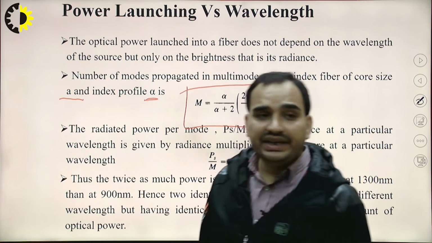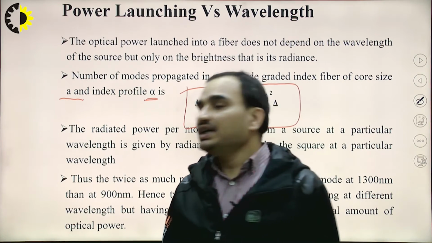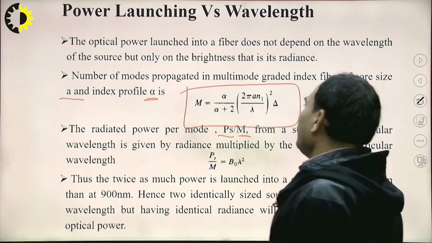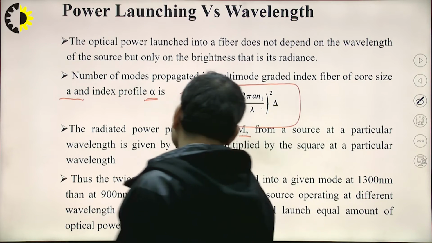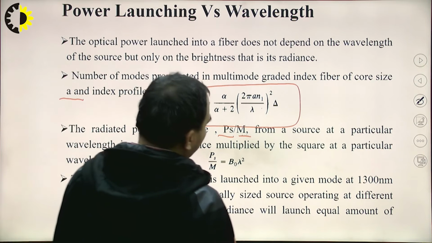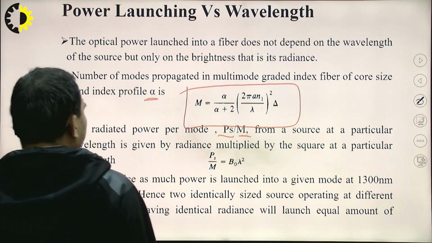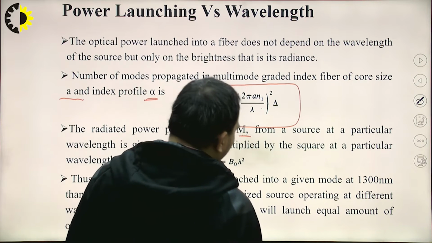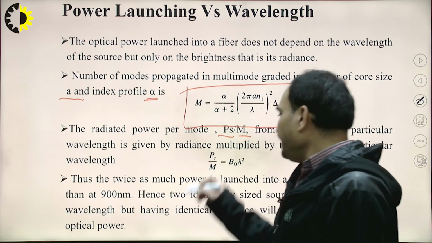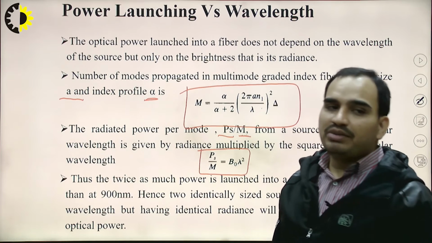The radiated power per mode, that is how much power will be radiated, is given by the source power divided by how many modes exist inside the fiber, that is capital M. So Ps by M from a source at a particular wavelength is given by the radiance multiplied by the square of the wavelength: Ps by M equals B naught lambda square.